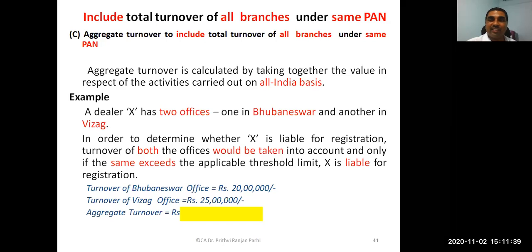So in this case, let us say the threshold limit is 40 lakh. Whether it is liable for registration? Aggregate turnover is 45 lakh. Threshold limit is 40 lakh. Is he liable for registration? Yes or no?